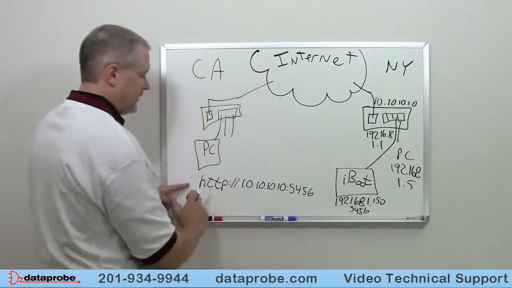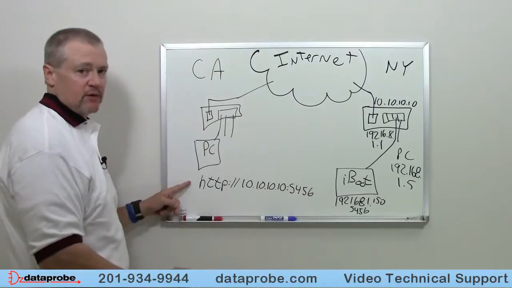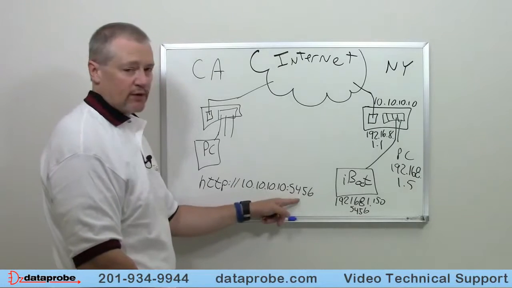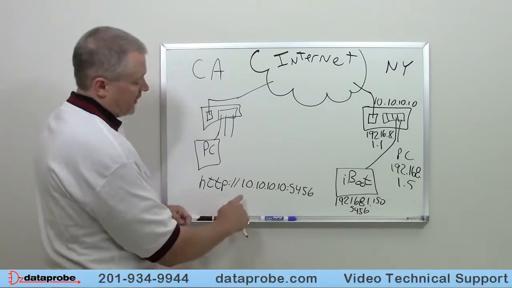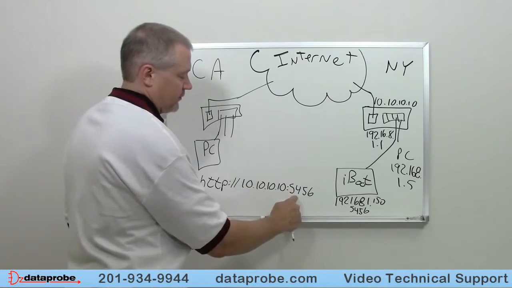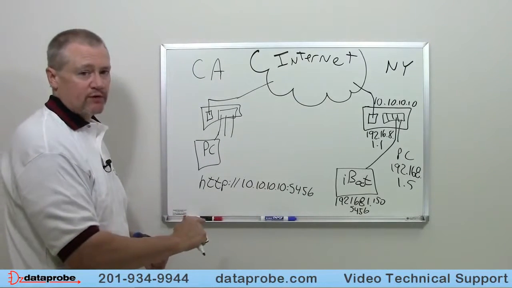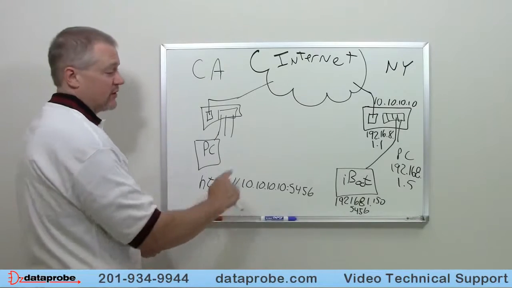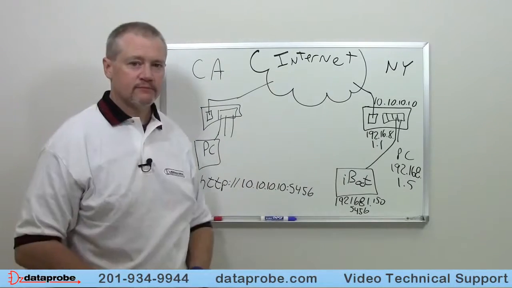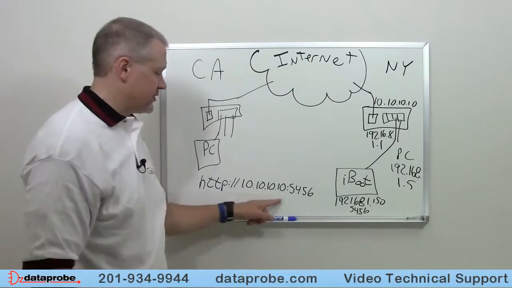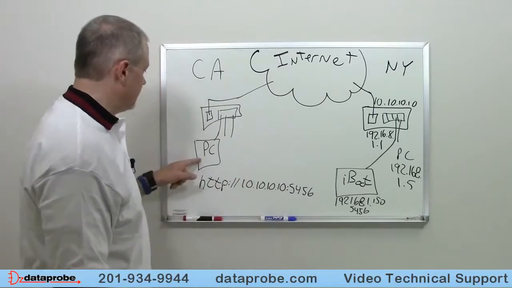We need to type the entire address in because we don't have a standard web port 80. So you can't get away with typing 10.10.10.10 5456. You have to type the HTTP colon, or the browser will not know what kind of language to use when it translates the page.